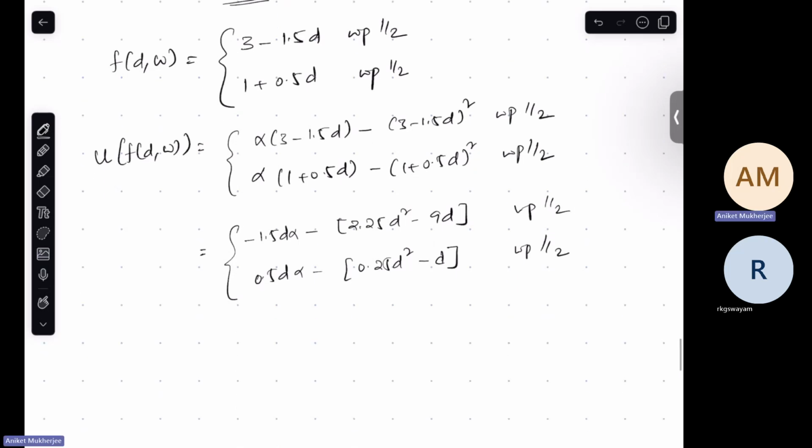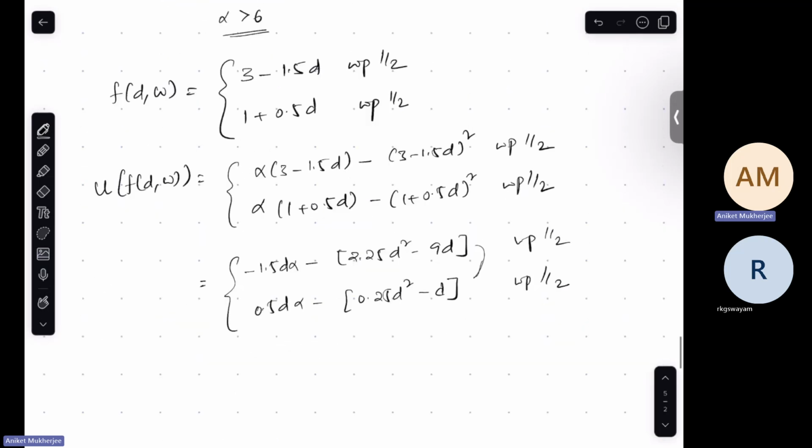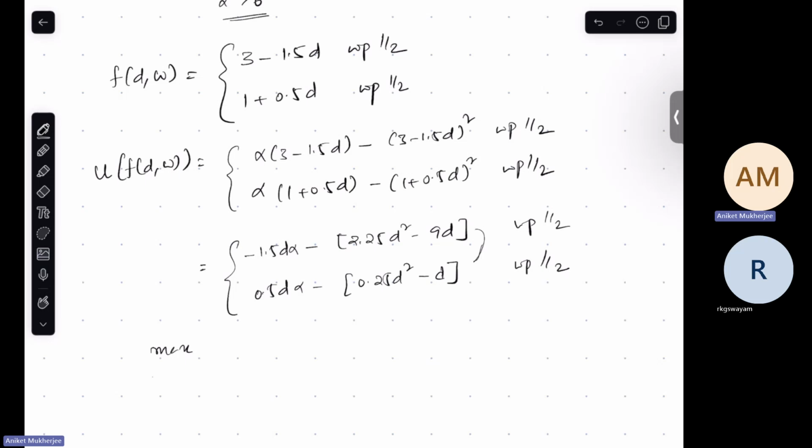Now I basically need to add these two, because half into half I take out common. So I add these two and I get: maximize over D belonging to [0, 1] of minus 2.5D square plus, from these two, taking D common, D times (8 minus alpha).